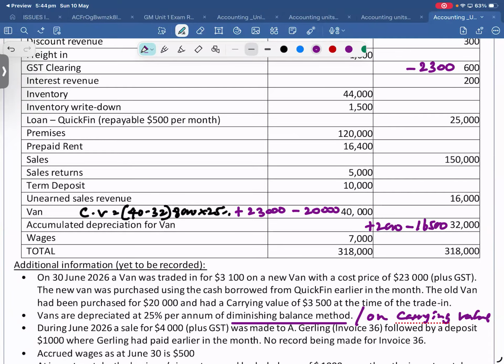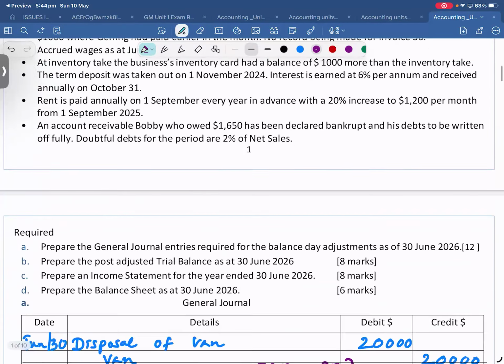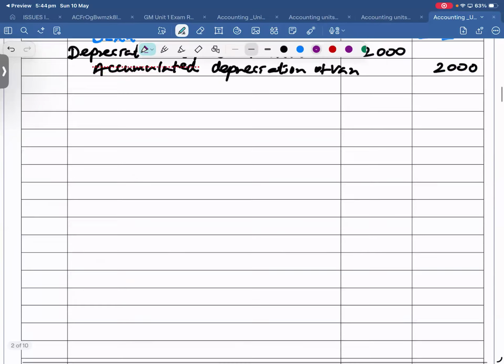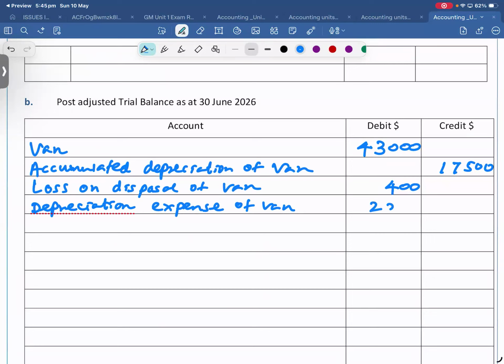Yes. Then we can update it here, guys. Accumulated. We had already written 17,500. Make sure it's on credit, and also we can do the depreciation expense. 2,000.